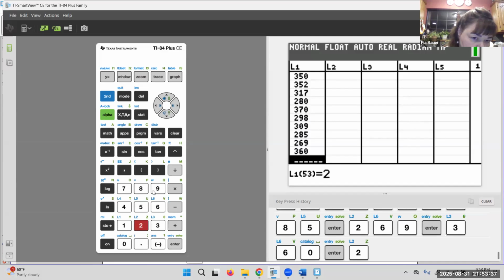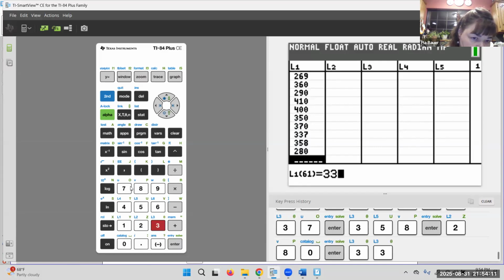Next one, 390, 410, 400, 350, 370, 337, 358, 280.